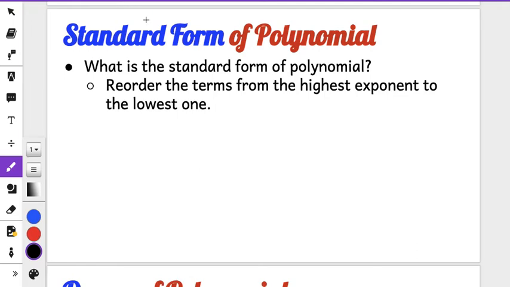Before we read this definition, I want to give you a quick example to help you understand this. Let's write down a random polynomial. Okay, so as you can see, we have many terms here, and we have exponents 3, 4, 2, and there is the invisible one here.